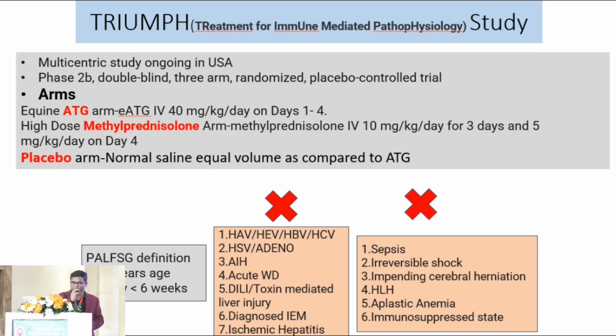And systemic illnesses like sepsis, irreversible shock, HLH, aplastic anemia, and immunosuppressants will be excluded. So this is the group which is defined as indeterminate etiology PALF. A 3-arm trial is ongoing there: ATG, methylprednisolone and placebo. So we expect something coming out of this trial. If something positive comes, we can provide them some immunosuppression, like ATG or methylprednisolone.